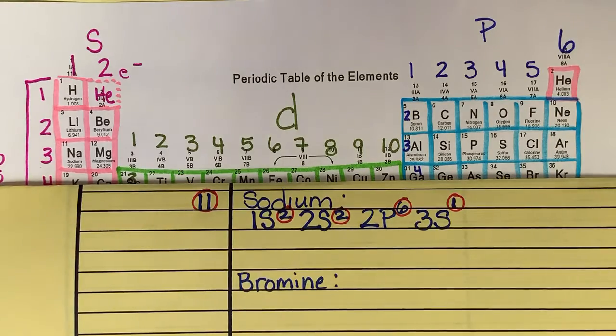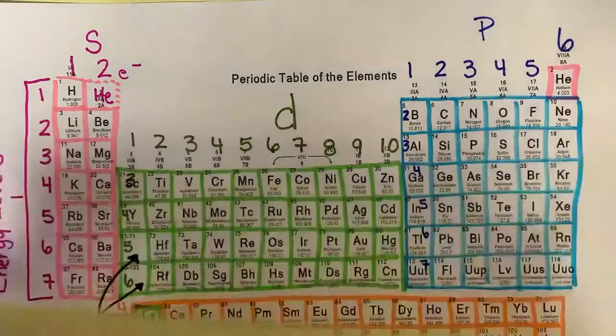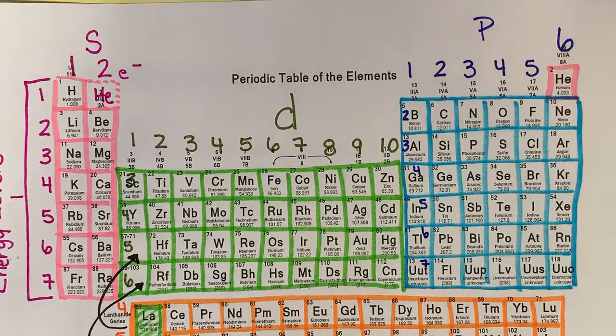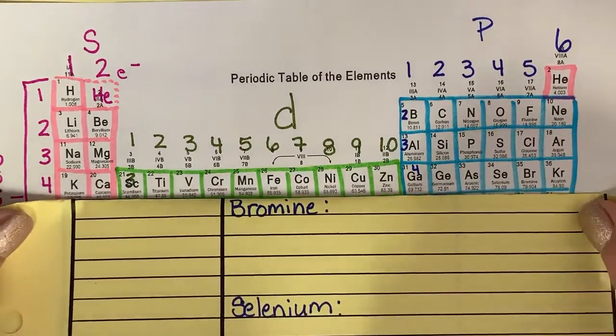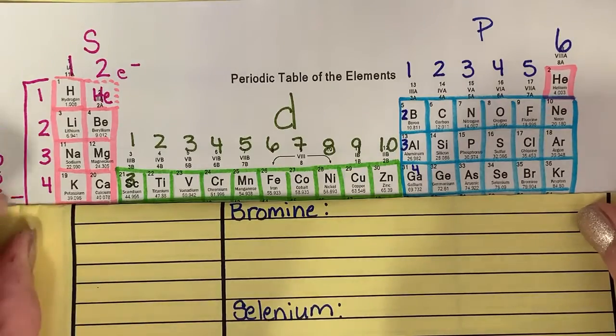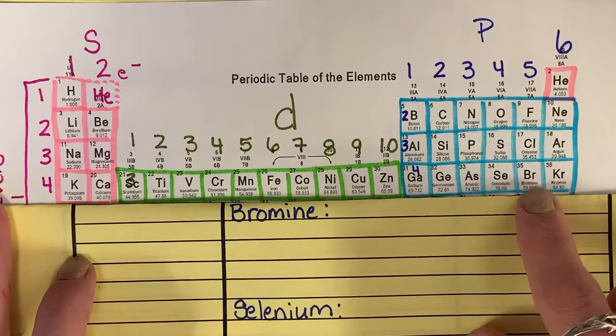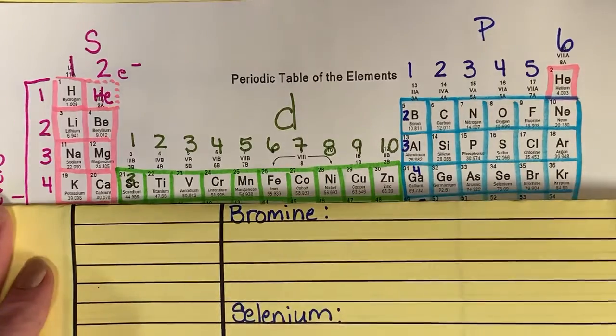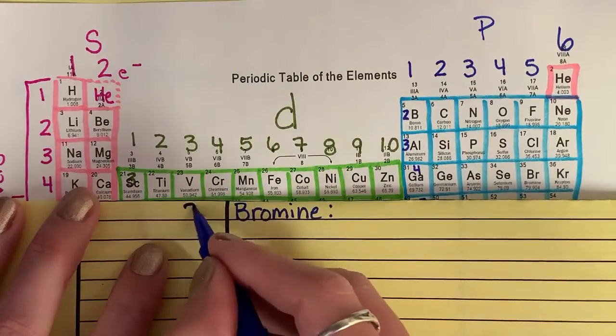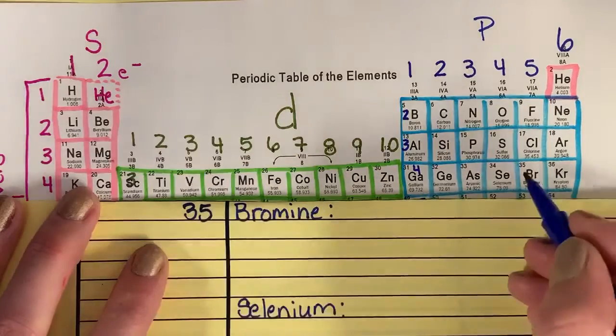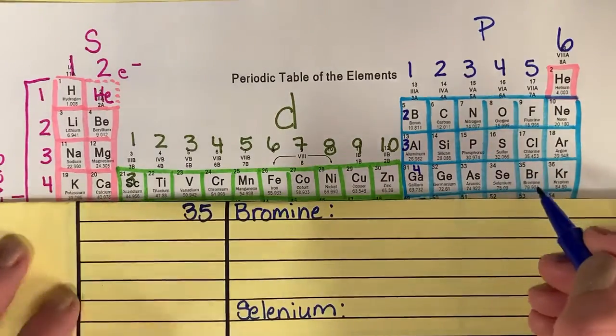Okay? Let's try this again. Let's look at bromine. Now bromine is even further down, so I have to go all the way to here. I need to find homes for 35 electrons.